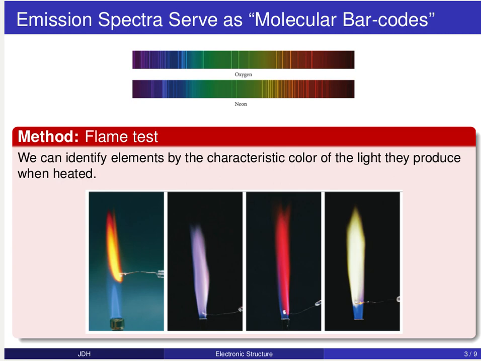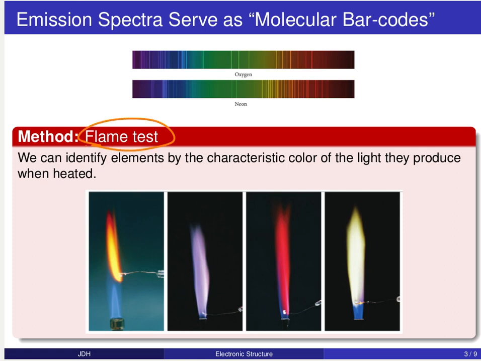So one of the first is this use of emission spectra as a sort of molecular barcode. You can use the unique colors that are emitted by these high energy atoms and molecules to identify what atom or molecule you're actually dealing with. So one technique that's used in a laboratory setting to help identify different compounds is a so-called flame test. Okay?